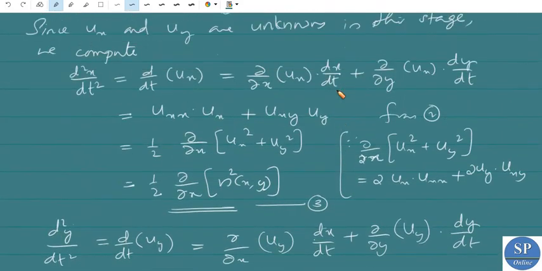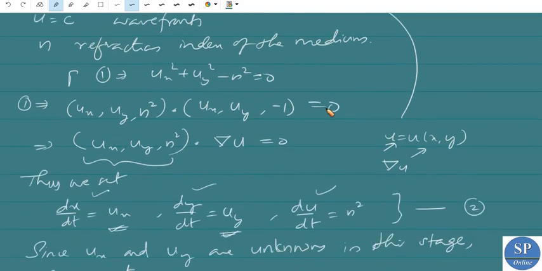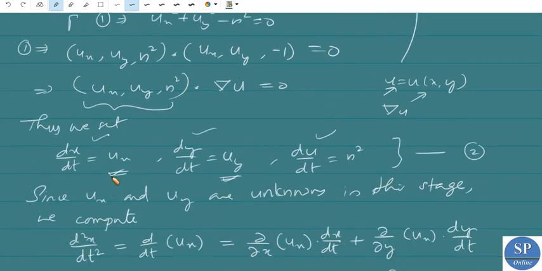We have the eikonal equation with the initial condition on gamma, but a single initial condition is not enough because the eikonal equation involves the partial derivatives u_x and u_y, which are not known.